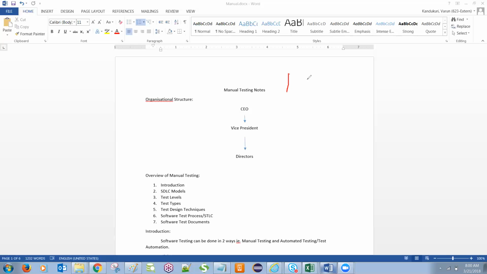So the SDLC model is divided into two parts. Waterfall and agile are a subcategory of the parts. SDLC is divided into two parts, right? One is the iterative model, iterative or incremental, we call it.